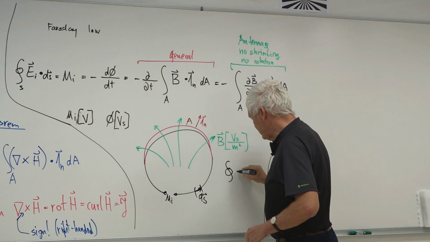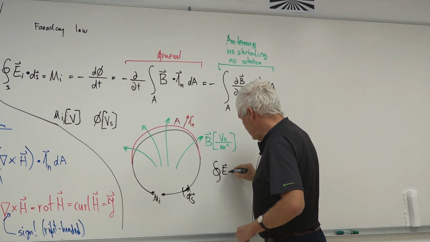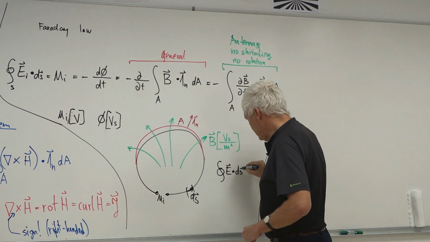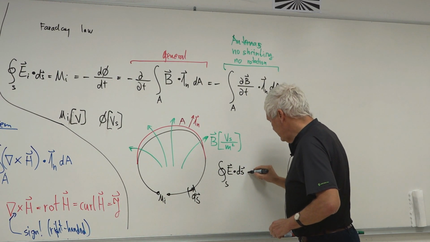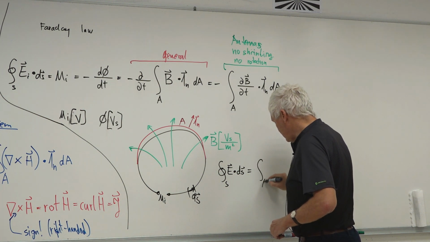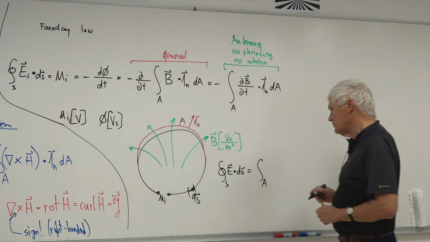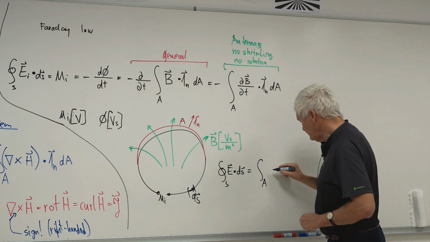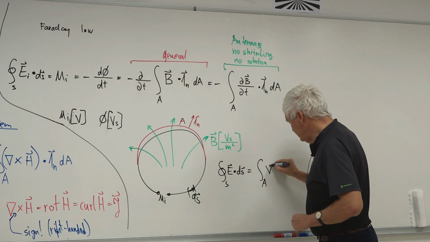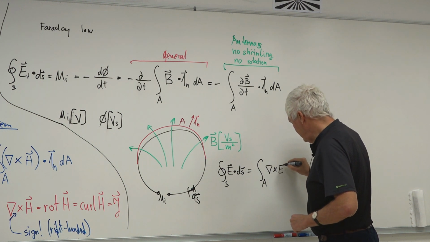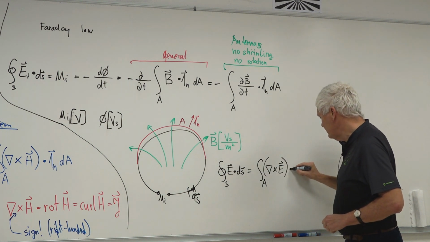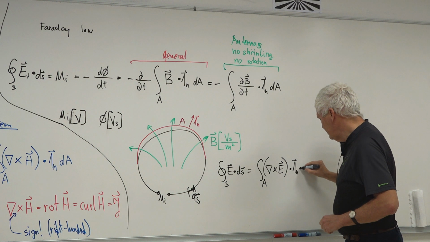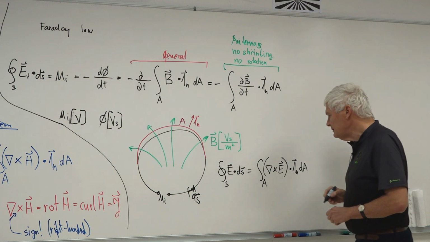So the Stokes theorem rewritten here: the integral of E dot ds along the loop S is equal to the integral over the surface A, the surface A put on this loop, of the curl of E. First we compute the curl, times normal dA. And this is the Stokes theorem.